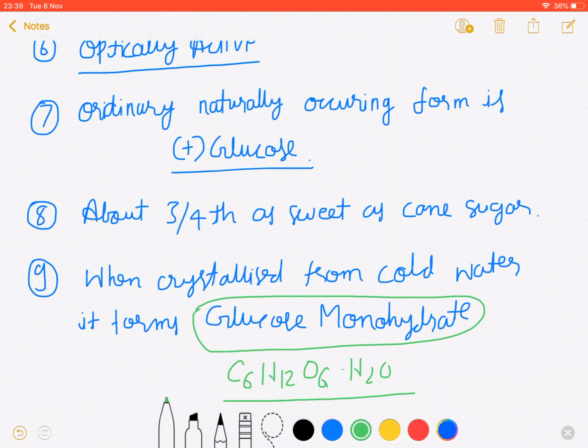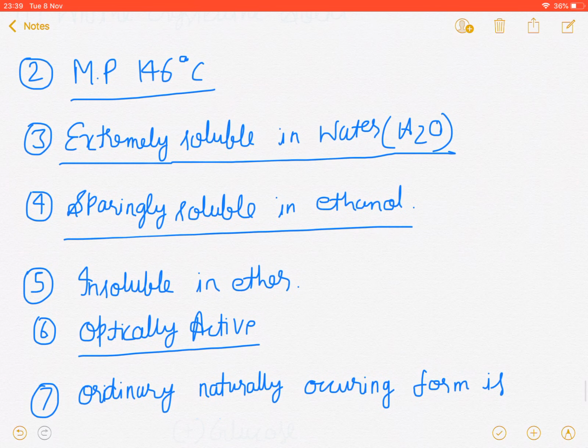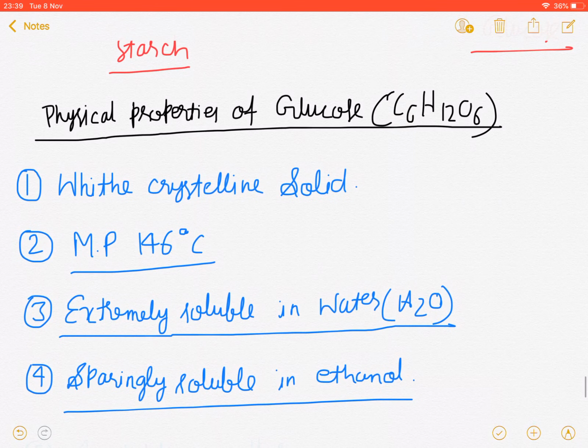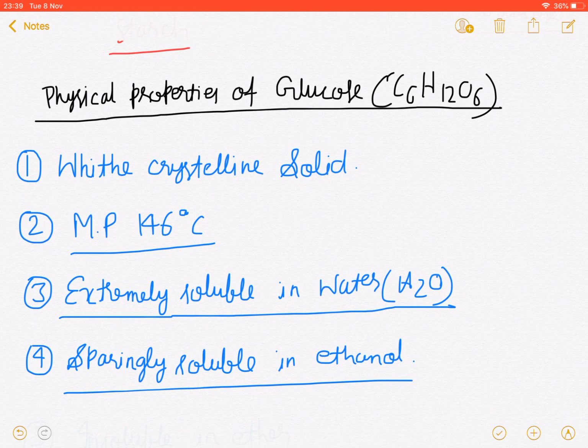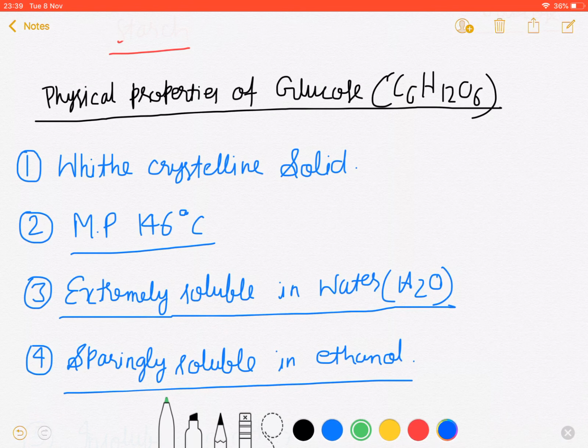I hope this point is clear. So these are the important physical properties of glucose. It's basically a white crystalline solid.